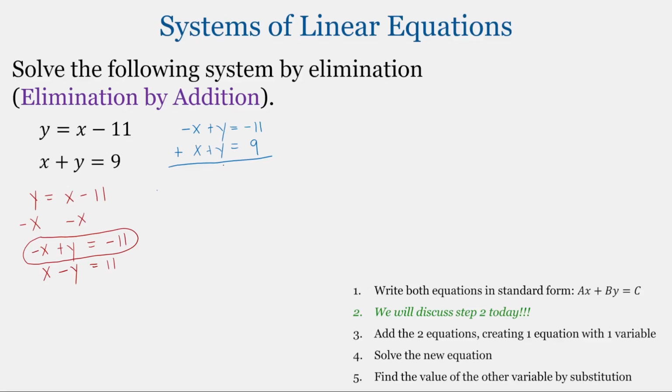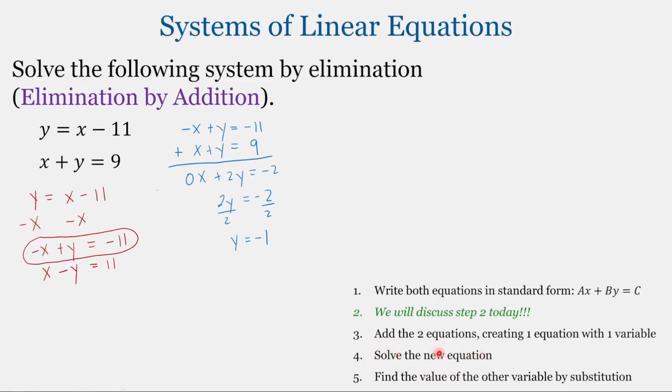It will be eliminated. Negative x plus x is 0x, plus 2y equal to negative 2. So we have eliminated the x variable, and then solving for y, we end up with y equal to negative 1.